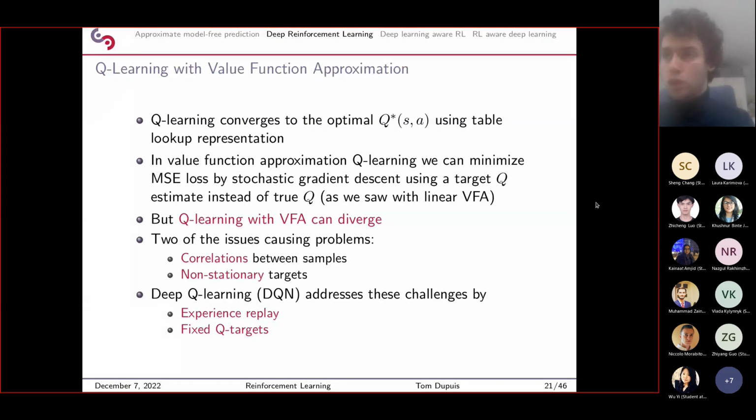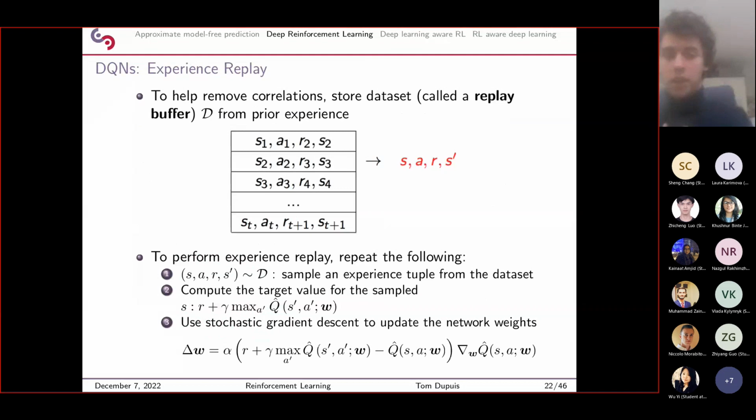So two solutions for this problem that were brought in the DQN paper are experience replay and fixed Q targets. Experience replay, I already talked a little bit about it last course, but the idea is really simple.